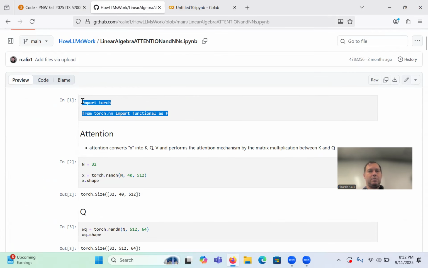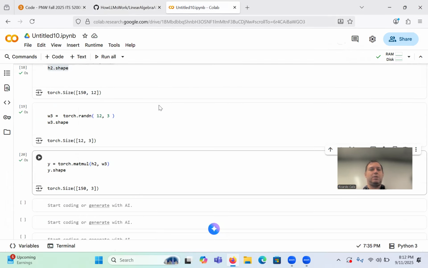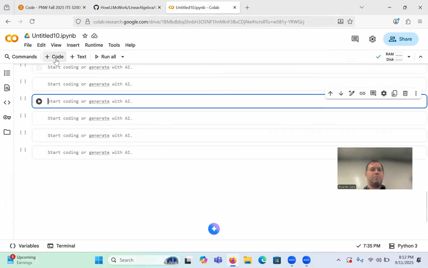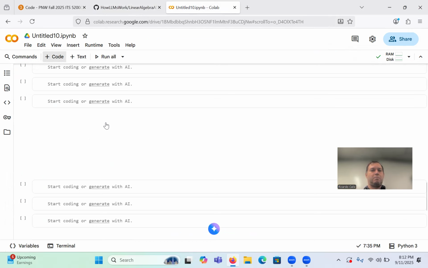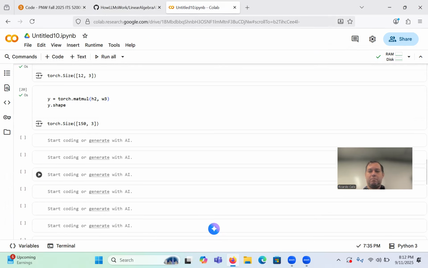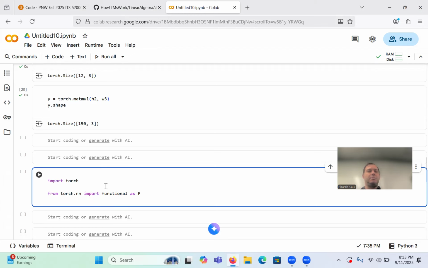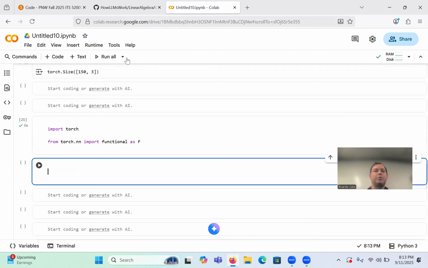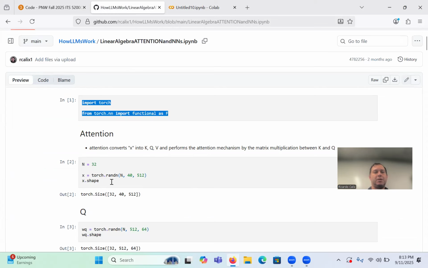I'm going to continue with Colab here. I'm going to use Torch, so let me make sure I have all the libraries. Okay, I'm going to create X first.